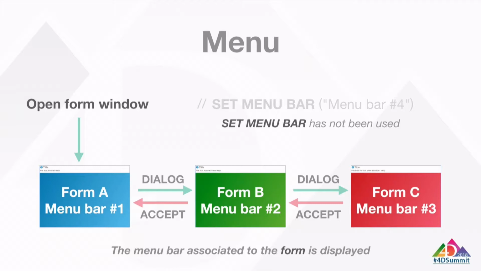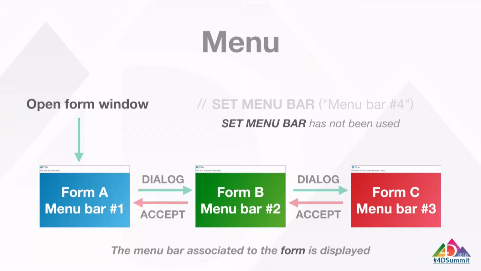In MDI mode, you would have the main menu, and the associated menu bar, called the active menu bar, would be kind of added to the main menu bar. But if you're running in SDI mode, those menus will be simply displayed for each window that you create. So that's the second option. The menu associated with the form in the property list is displayed.